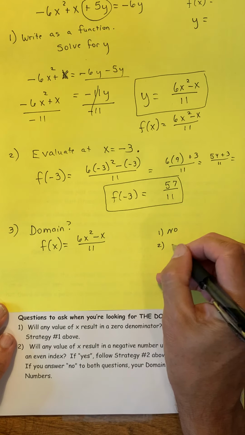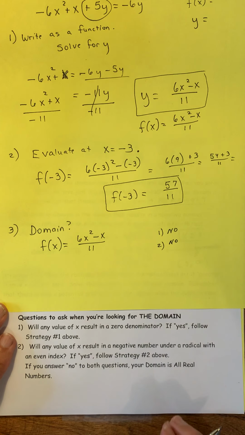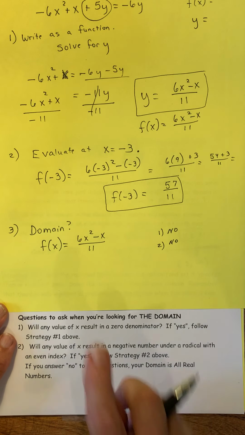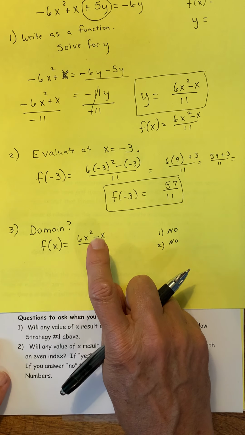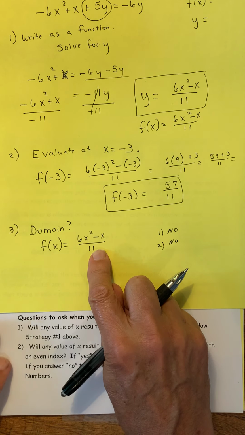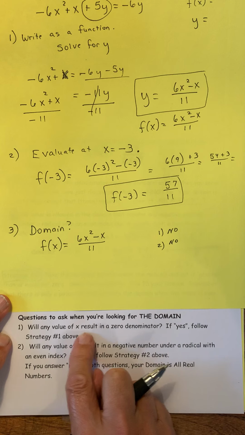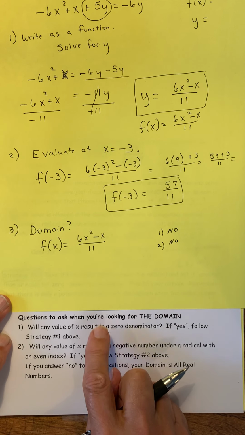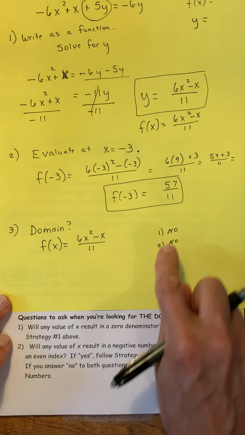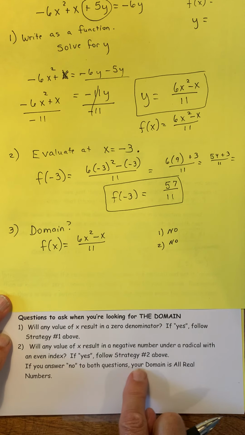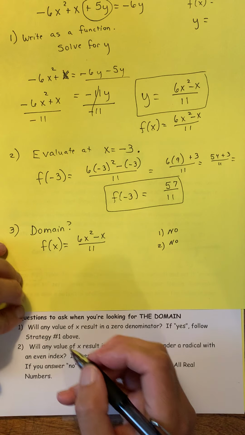I don't have a radical, so I get no for that one too. But again, this is a good example to show you that just because you have a fraction doesn't mean you're going to have a limitation to your domain for number 1. So I got 2 no answers. My domain is all real numbers.